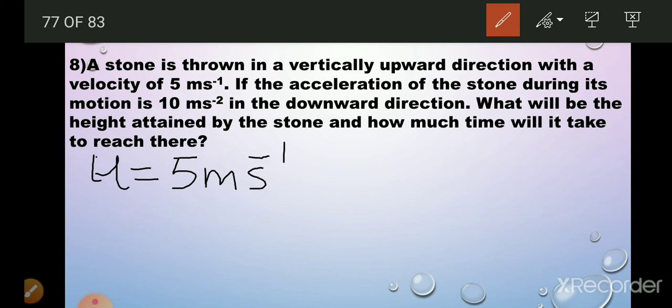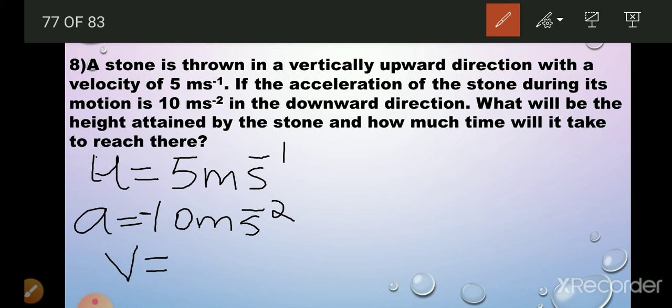If the acceleration of the stone during its motion is 10 meter per second square in the downward direction, they have told. So acceleration is in downward direction, so it is negative, minus 10 meter per second square. Here the stone is thrown vertically upward, so the final velocity v will be 0, because when it reaches the maximum height, the velocity becomes 0, because it is going to stop at a moment.